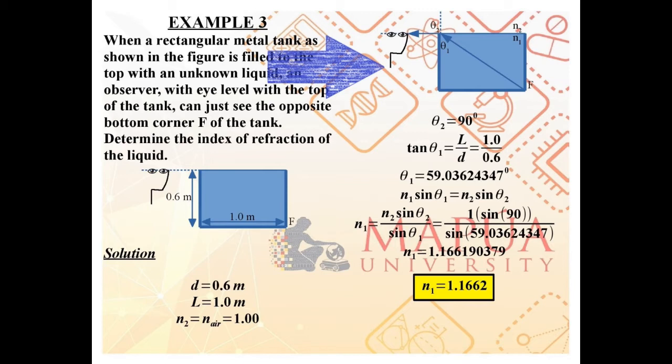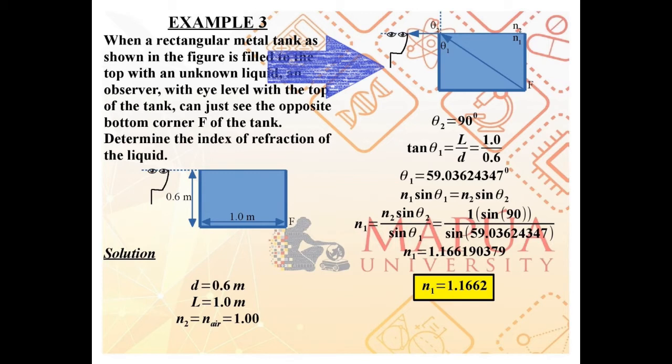Let N1, the index of refraction, be the index of refraction of the unknown liquid, while N2 is the index of refraction of air, which we know to be just equal to 1.